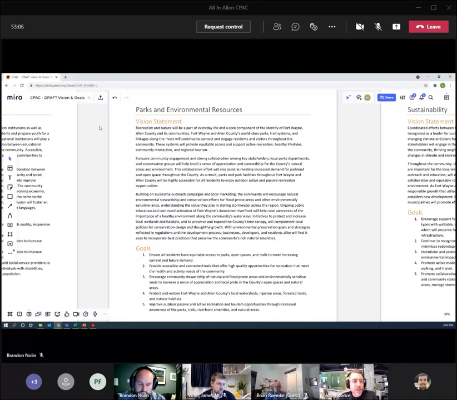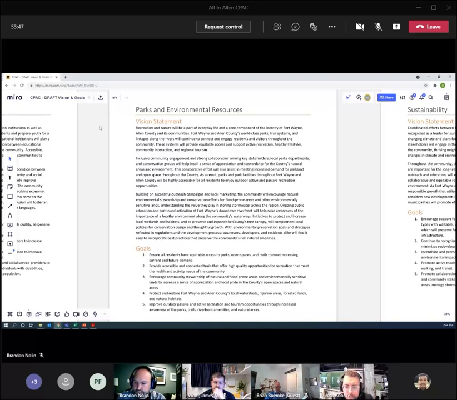So the goals here are to ensure all residents have equitable access to parks, open spaces, and trails to meet increasing current and future demand; to provide accessible and connected trails that offer high quality opportunities for recreation that meet the health and activity needs of the community; encourage community stewardship of natural and flood-prone areas and environmentally sensitive lands to increase a sense of appreciation and local pride in the county's open spaces and natural areas; protect and restore Fort Wayne and Allen County's local watersheds, riparian areas, forested lands, and natural habitats.